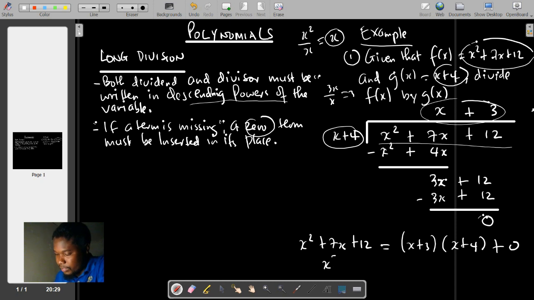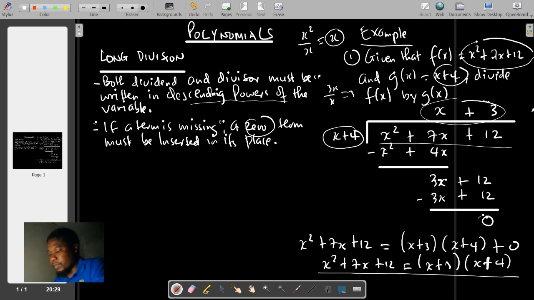So we just write x squared plus 7x plus 12 equals x plus 3 times x plus 4. This should be our response. Can you see that? That's how you do long division with polynomials. It's real easy, isn't it?